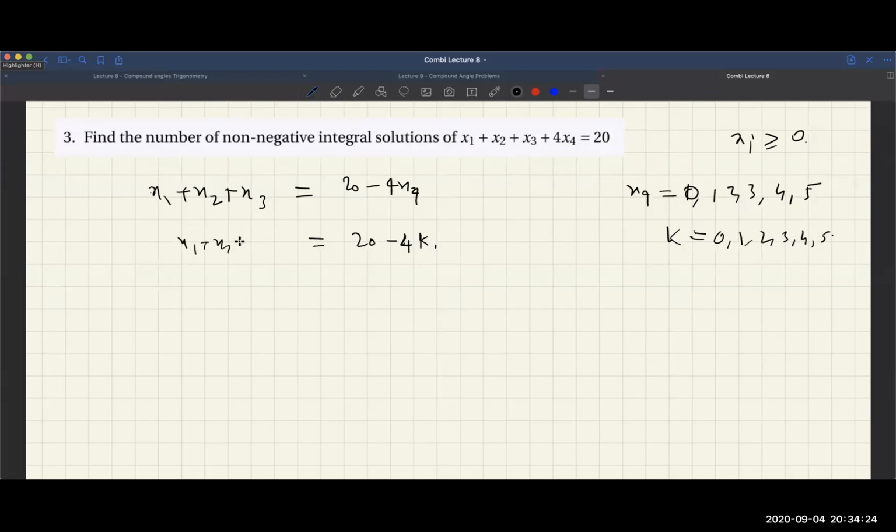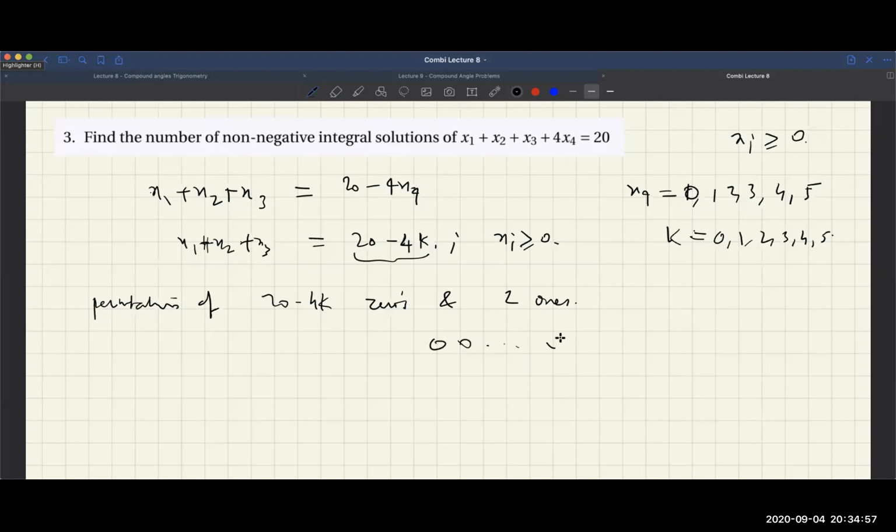So x1 plus x2 plus x3 is this, where xi's are greater than or equal to 0. So we have how many? 20 minus 4k zeros. So it is as good as permutations of 20 minus 4k zeros and 2 ones, है ना? याद है partitions, इतने identical balls और इतने bins होंगे, so दो partitions use करेंगे तो हो जाएगा काम, है ना?